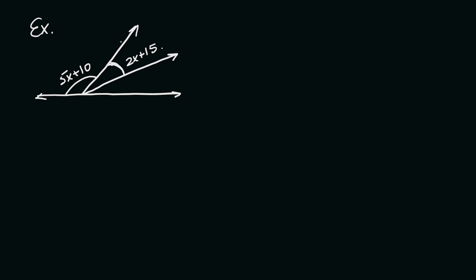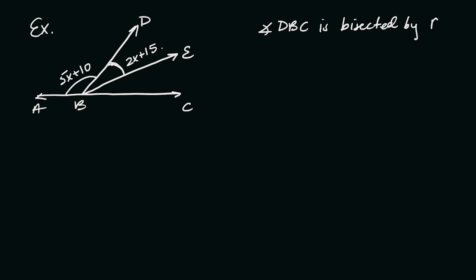Now, we're gonna put some letters here: A, B, C, D, E. Okay, so let's say that angle DBC is bisected by ray BE, and that angle ABC equals 180 degrees.